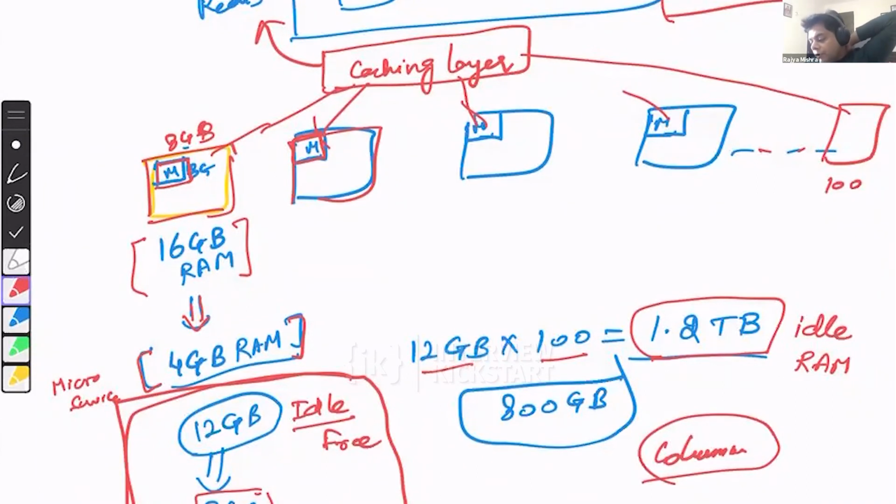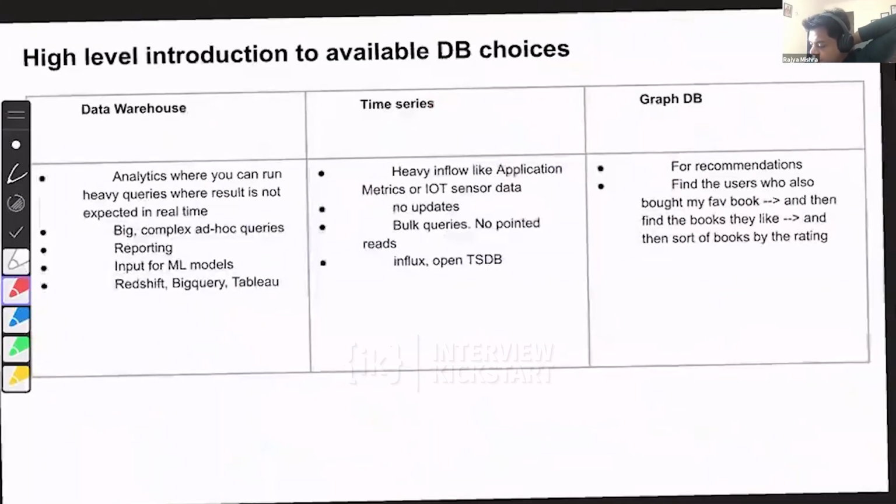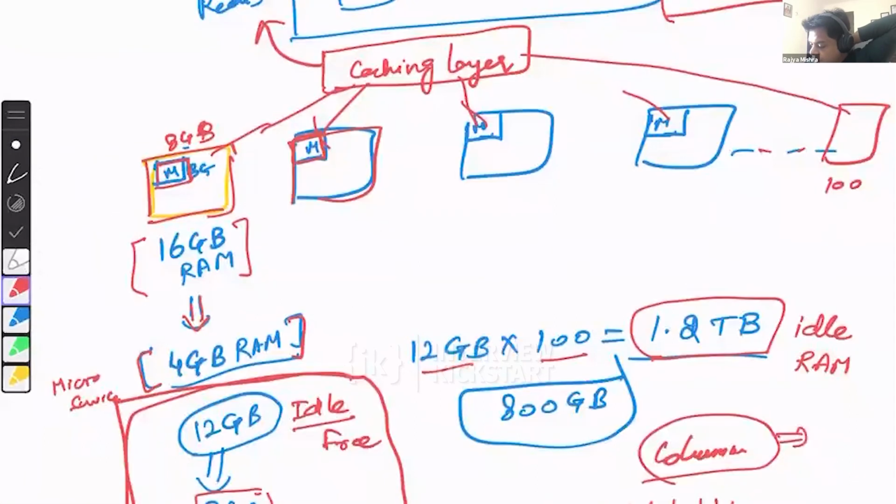So when these databases came into existence, earlier they used to have only a limited set of columns. So for each key, they used to have columns, and earlier the number of columns was limited.